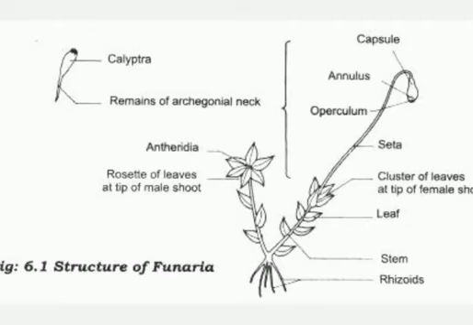We don't call it root. Okay? Now, stem. They have pseudostem. This pseudostem is branched into two shoots, that is the male shoot and the female shoot. Now, there are small leaves but not in a proper form. So, these leaves are called pseudo leaves.